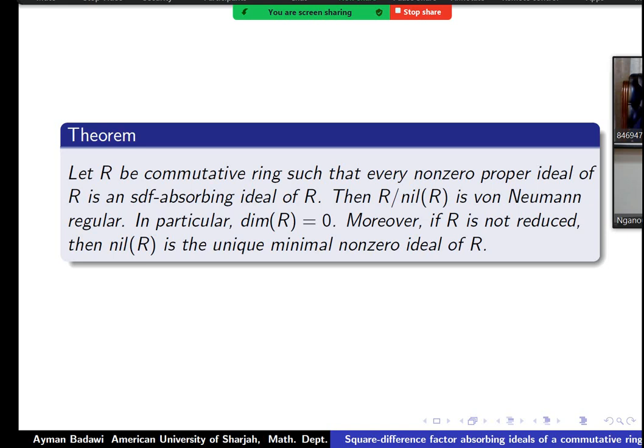If R mod the nil is von Neumann regular, that means the dimension of R will be 0. If R is not reduced, then the nil of R is the unique minimal non-zero ideal of R.